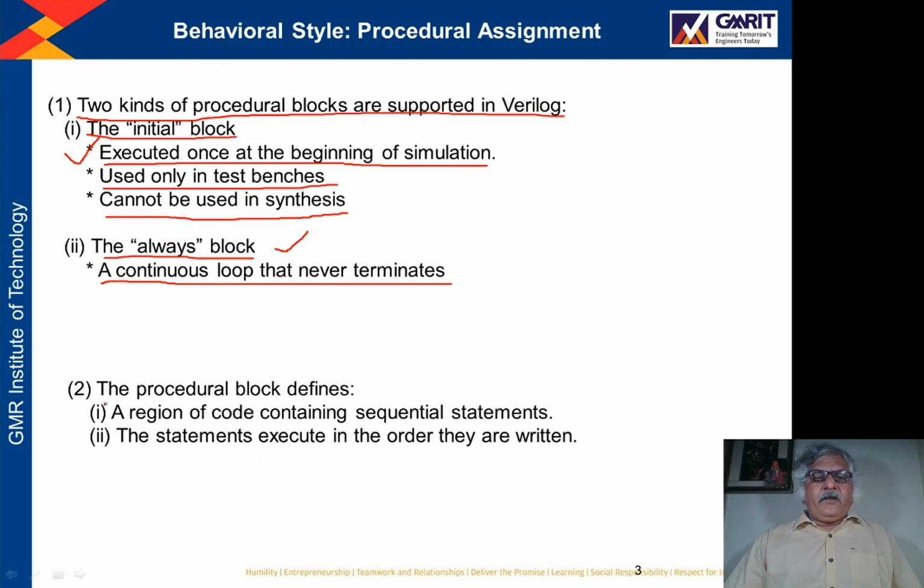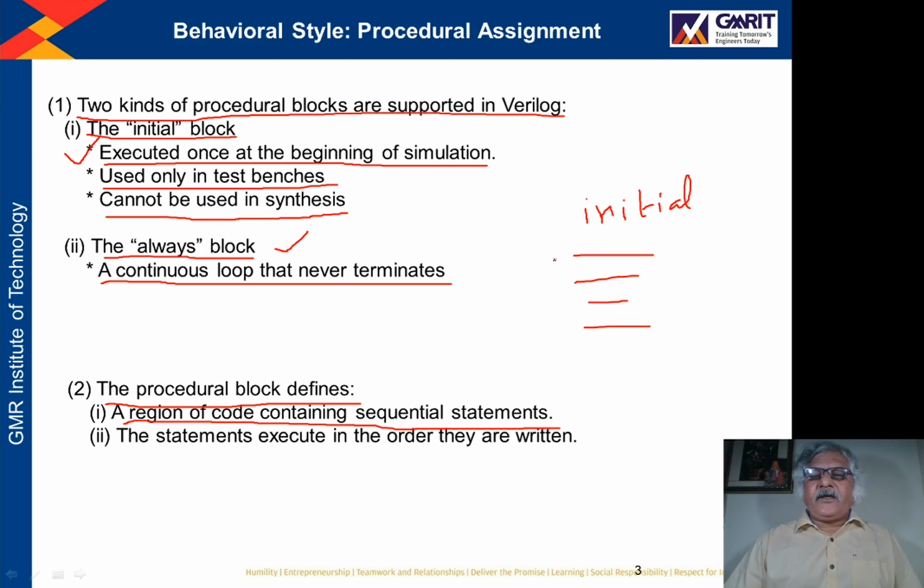The procedural block defines a region of code containing sequential statements. So a procedural block, like initial or always, for example initial, inside this we are having a few statements. These statements are sequential statements, so they will execute sequentially, in the order in which they are written.